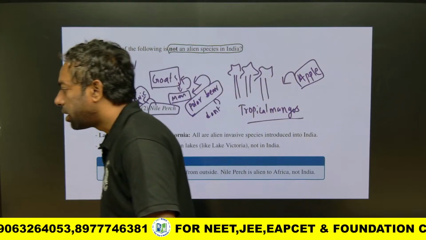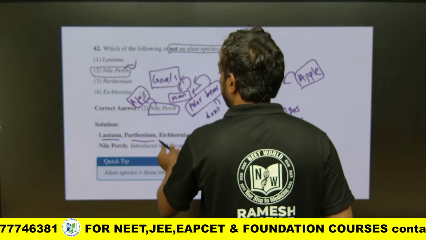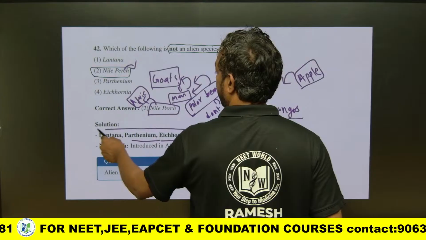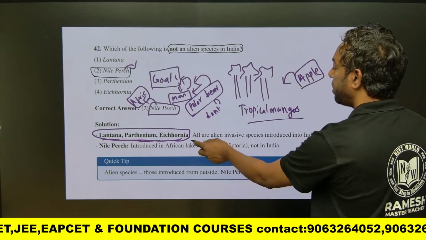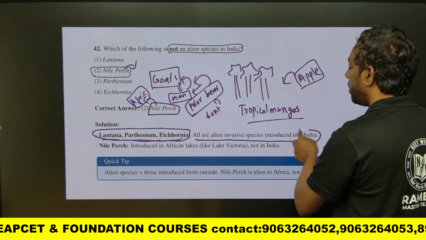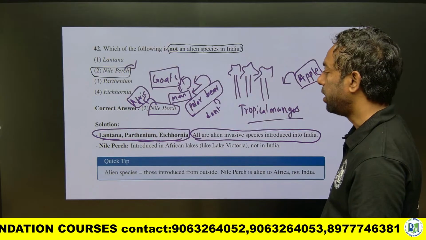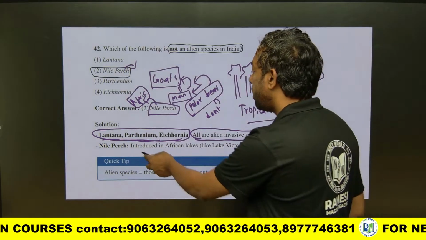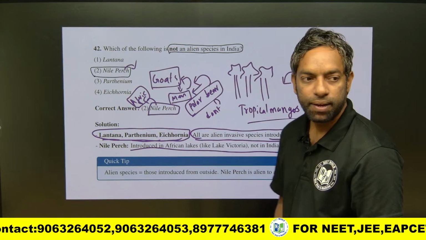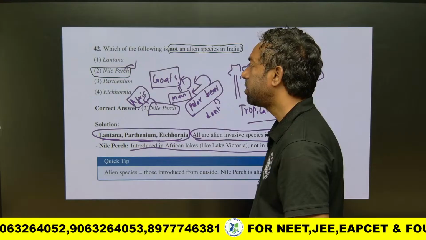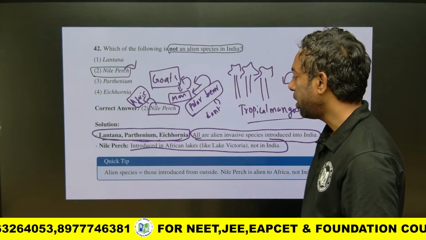Look here: Lantana, Parthenium and Eichhornia are all alien invasive species introduced in India, either intentionally or unintentionally. But Nile perch was introduced in Africa, like in Lake Victoria, not in India. So this is the alien species that was not introduced in India, that is Nile perch.